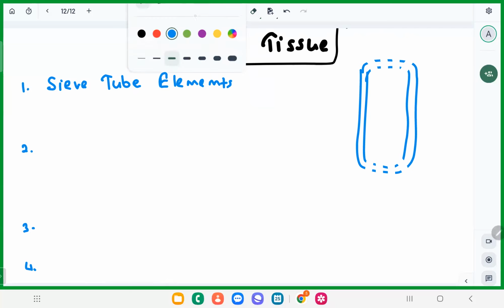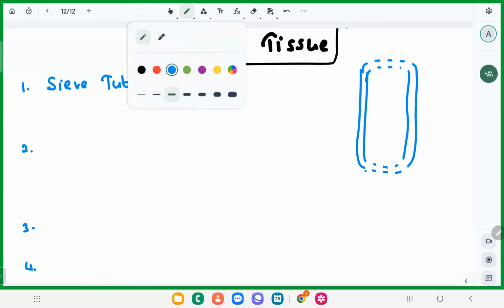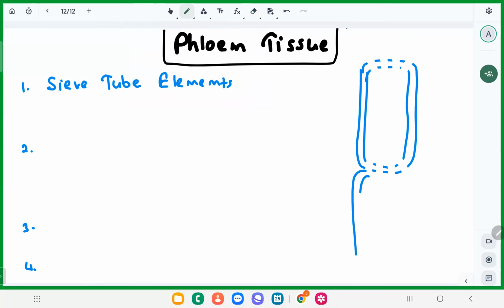So just imagine that this sieve tube element is stacked up over another sieve tube element. Now, there are pores on the top and bottom cross wall, and I told you this resembles a sieve, right? So we call this part the sieve plate.